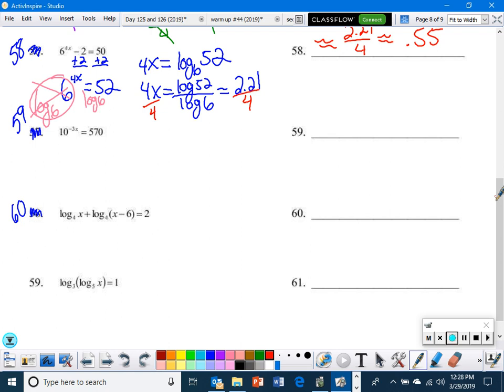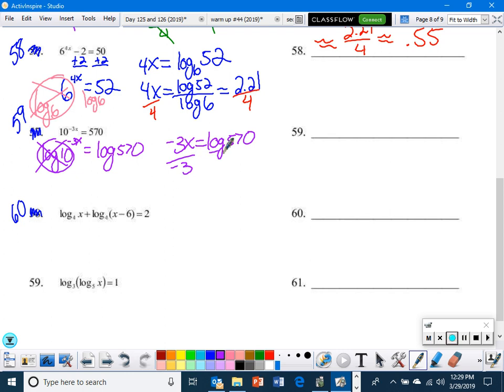Okay, number 59. There's another 10, so we can just use the log. We can write log of 10 to the negative 3x equals log of 570. So negative 3x equals log of 570.